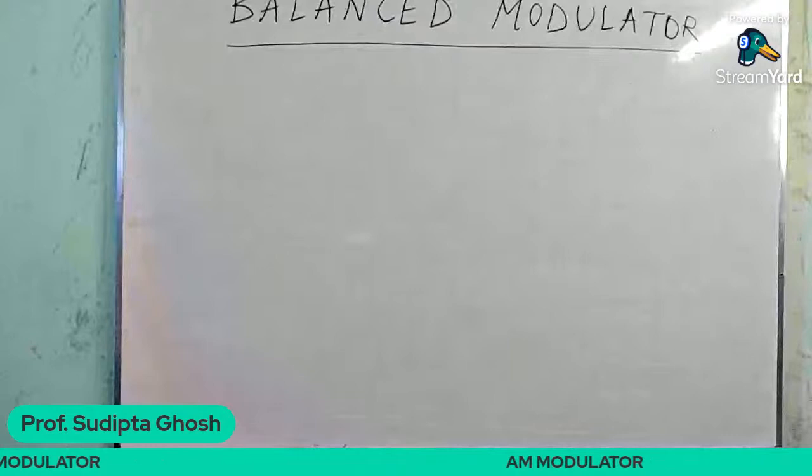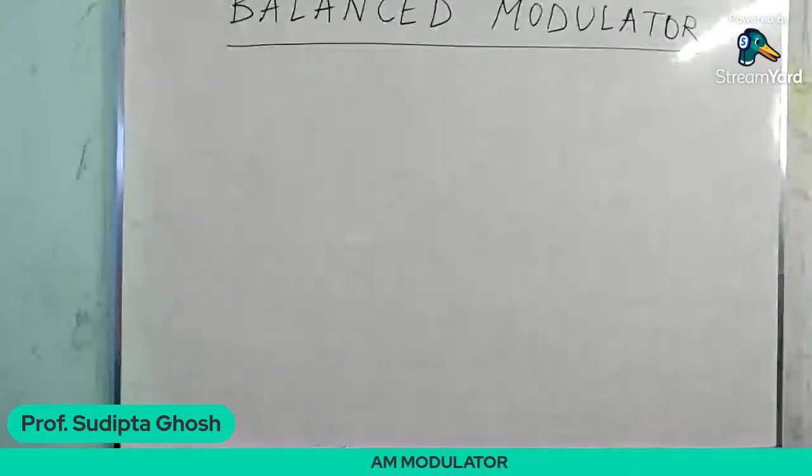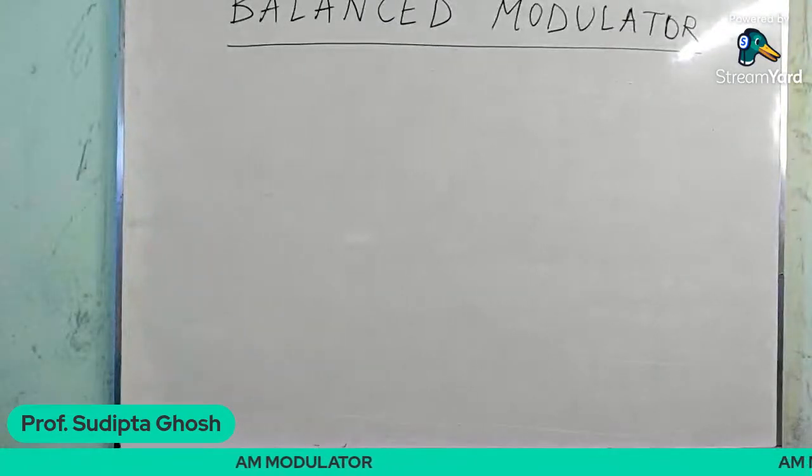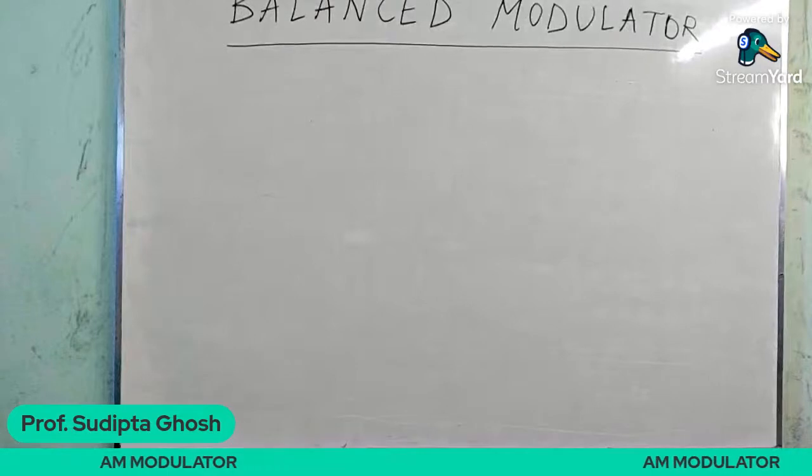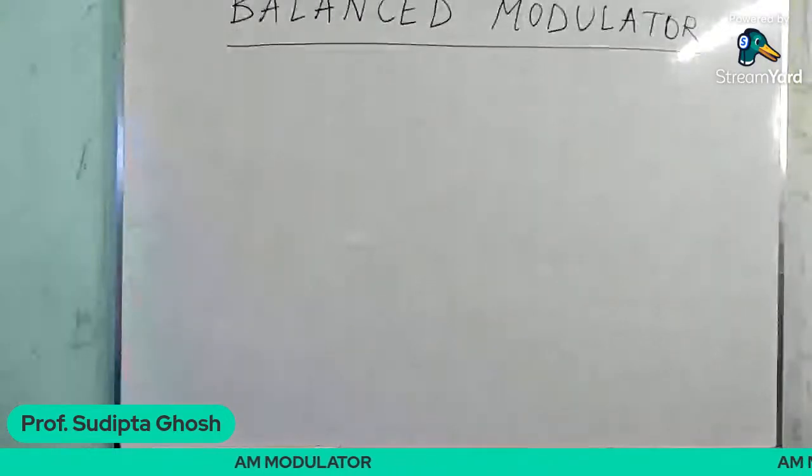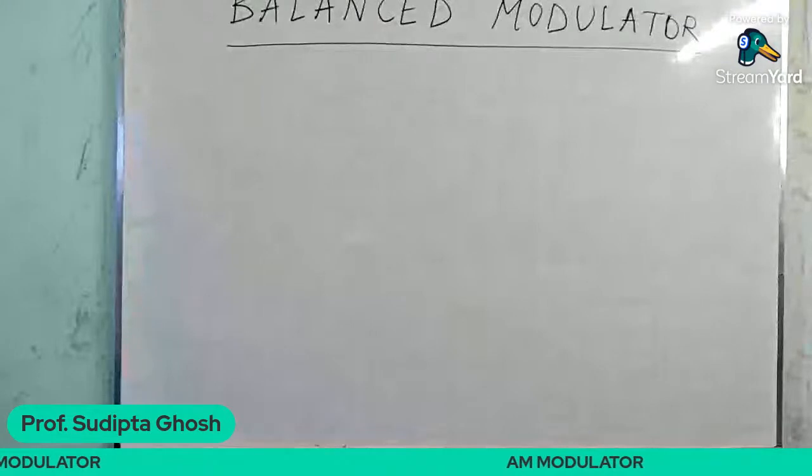So in most of the SSB schemes, the carrier is totally suppressed or reduced to only a fraction of its original value. Then by using a filter, one of the sidebands is removed.